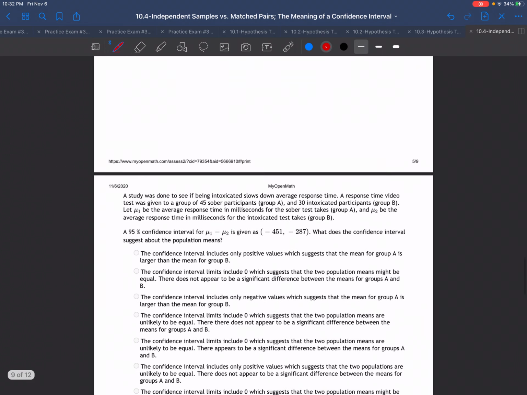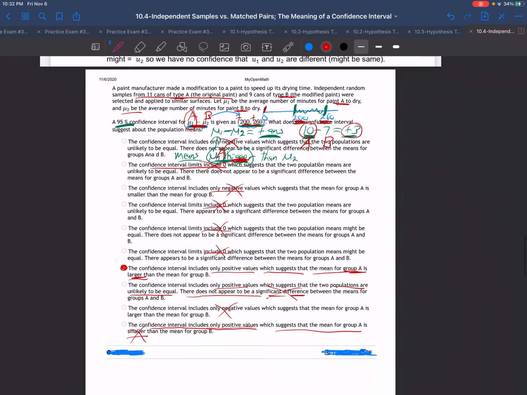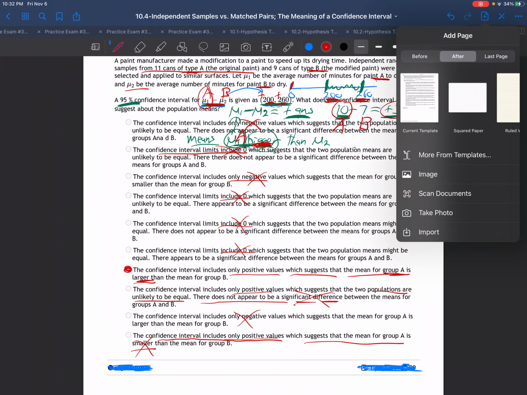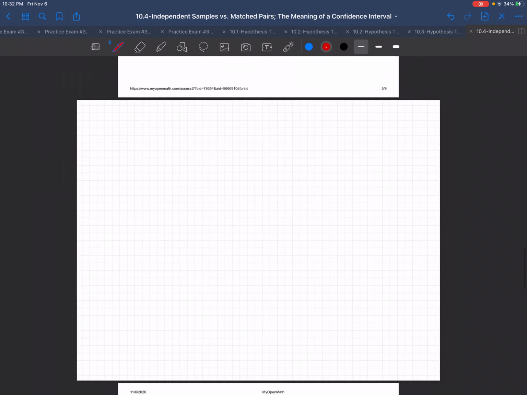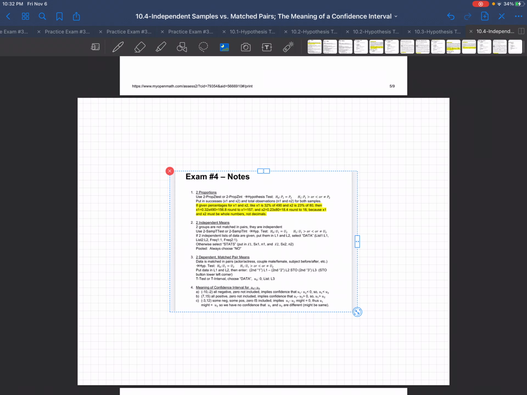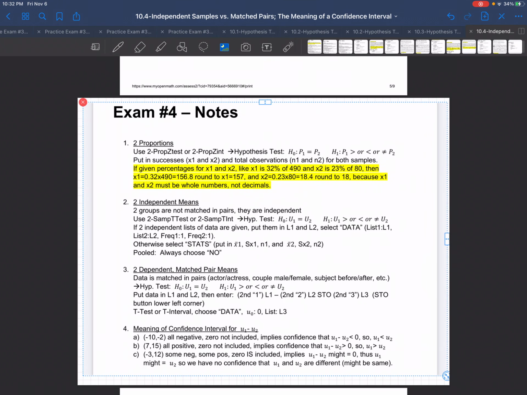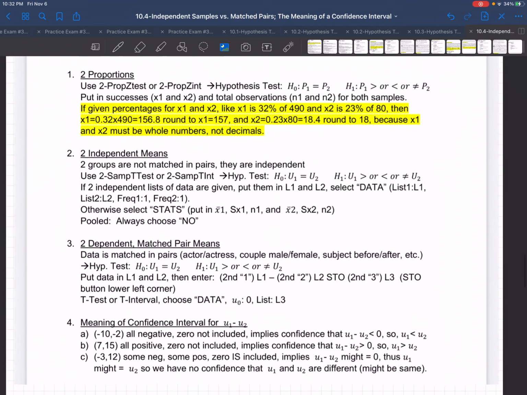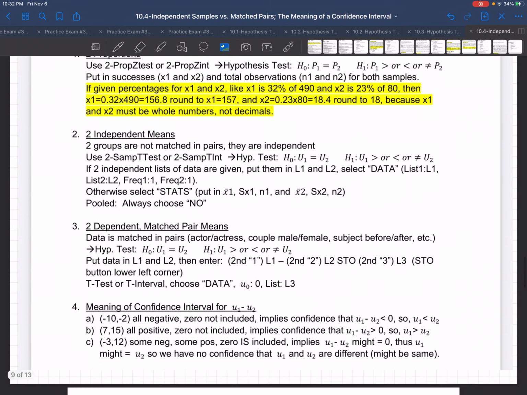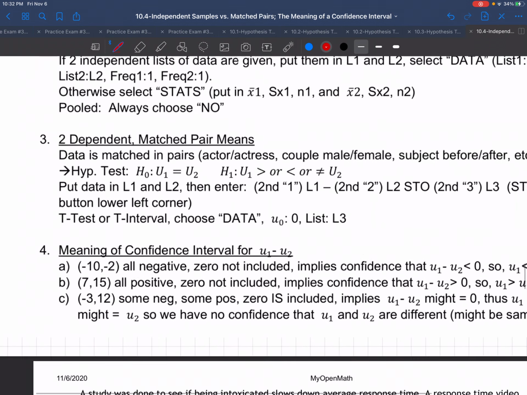And by the way, this is in the exam notes. Let me show you where that is as well to help for the exam. Right down here, meaning of a confidence interval, number 4.